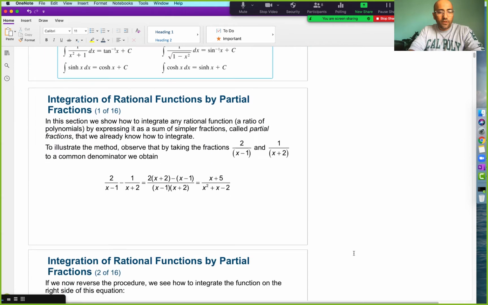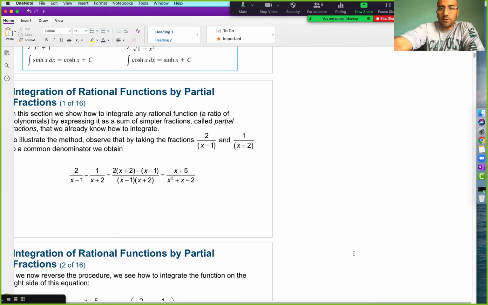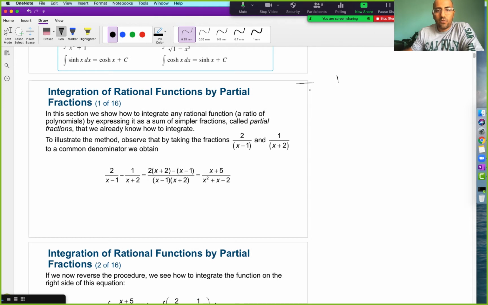Okay. All right. So in this section, we're going to focus on the following idea. So remember, let's do a little review thing here. So let's go off to the side. So back to adding fractions. Good old adding fractions. If we had something of the form of, say, a over x plus 1 over a plus 1, and we wanted to add these two fractions, we need a common denominator.